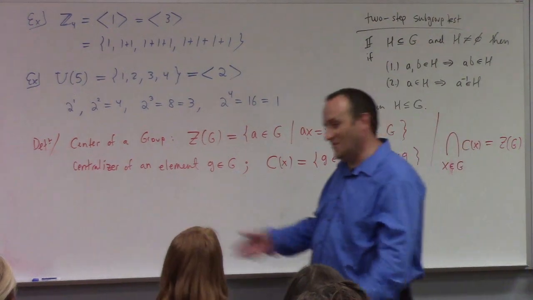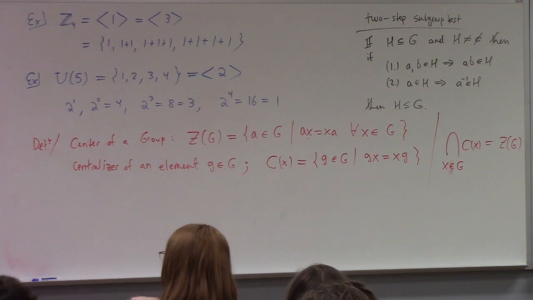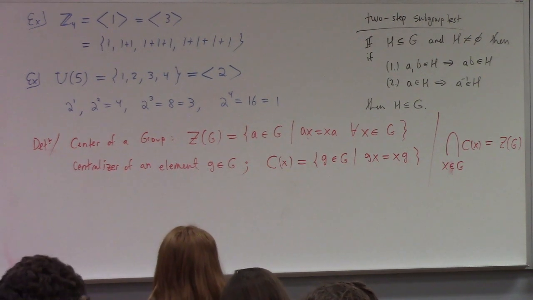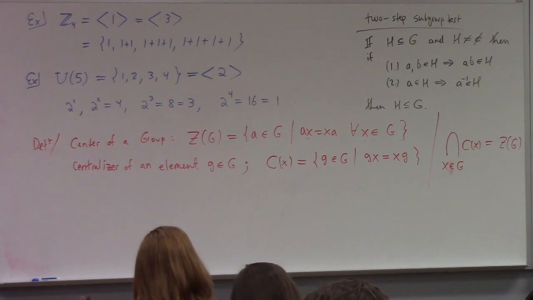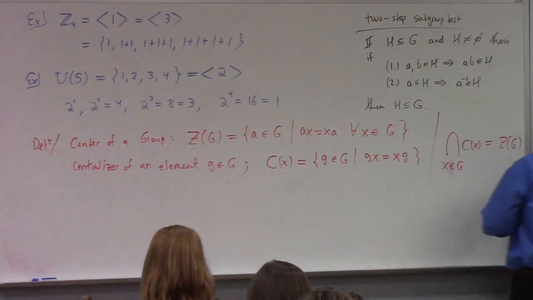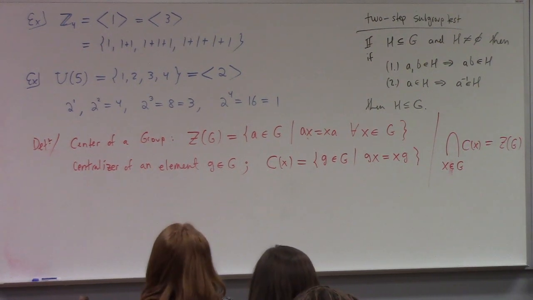Yeah, the whole group, right. We could say that a way to characterize an abelian group is just that it's equal to its center. And likewise, the centralizer for any element in the abelian group is the whole group. Sorry, I know some of you don't say stupid in your house. My apologies.